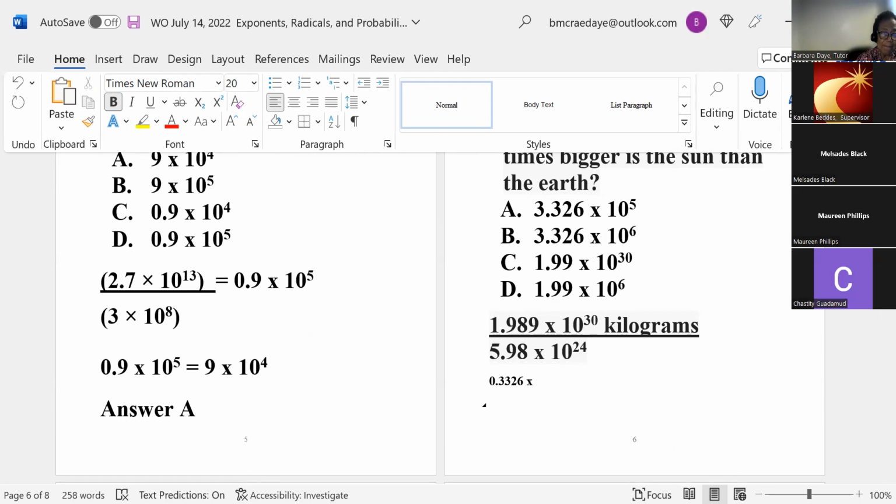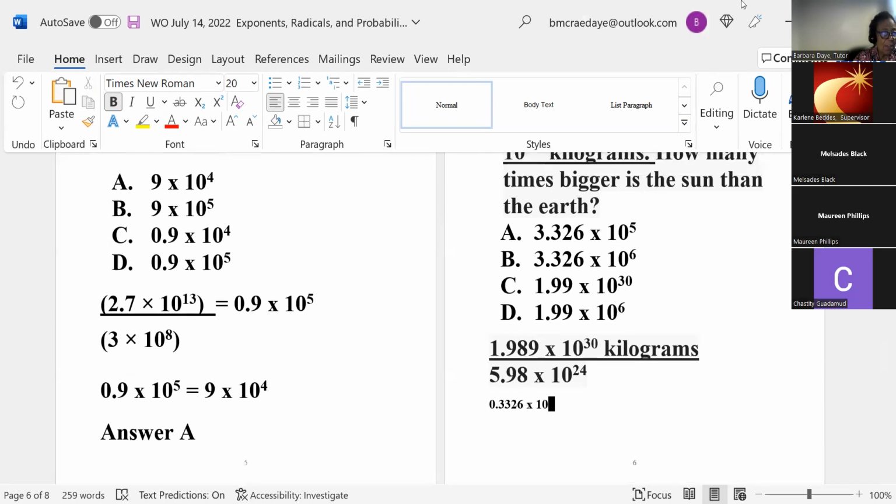I subtract. Yes, you subtract the exponent of the denominator from the exponent of the numerator. So I subtract 24 from 30? Yes, 6. So let's just put that there. That gives you the 6.